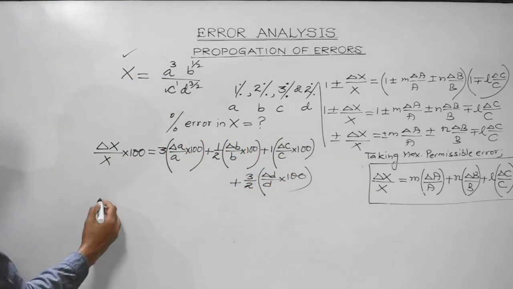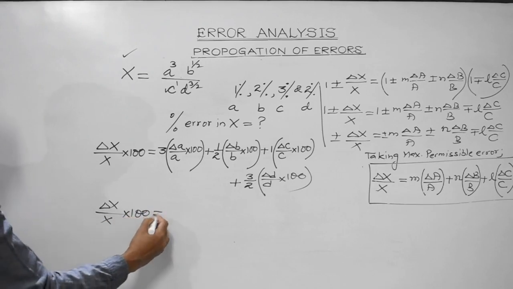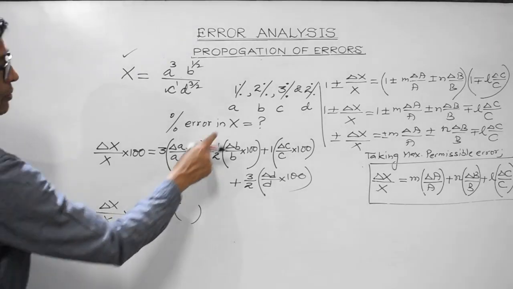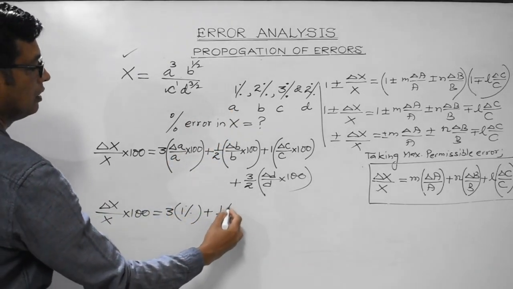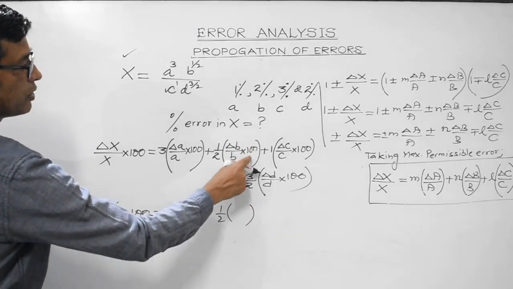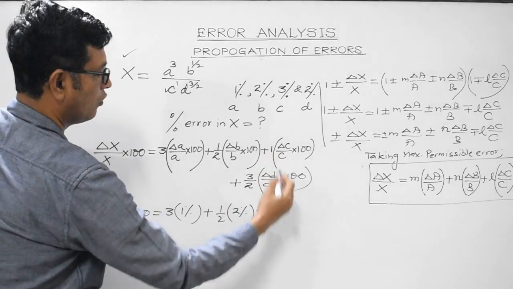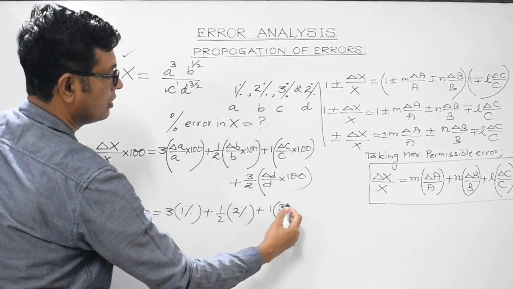Let's substitute the value. Del x over x multiplied by 100 would be equal to 3 times the percent error in the measurement of A, which is given to be 1%. Plus 2 times... this is the percent error in the measurement of B, which is given to be 2%. One time the percent error in the measurement of C, it is 3%.